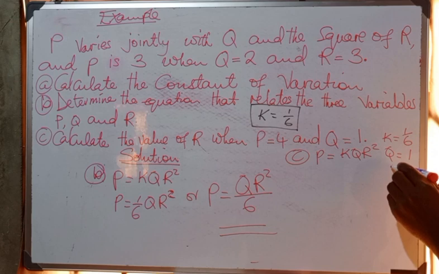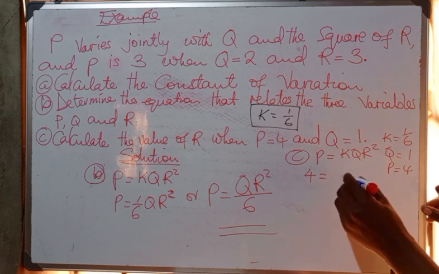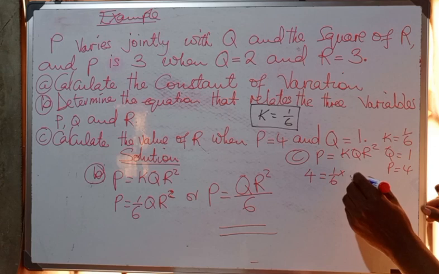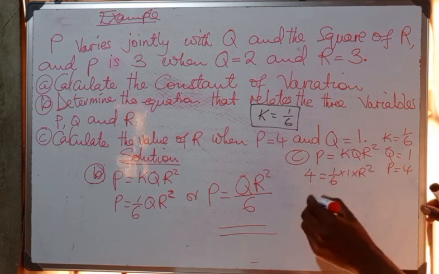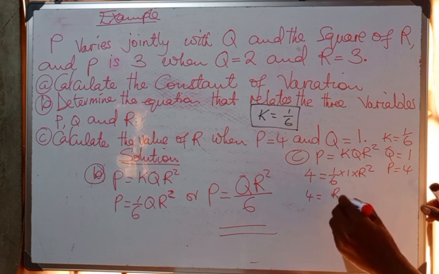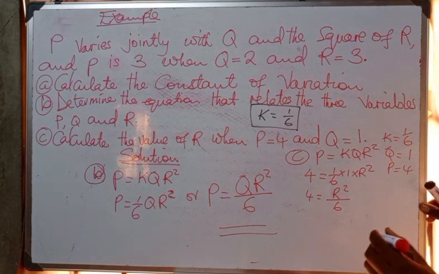Then our P is 4. So we are going to have 4 is equal to 1 over 6 multiplied by 1, then multiplied by R squared. This is the same as saying 4 is equal to R squared over 6.